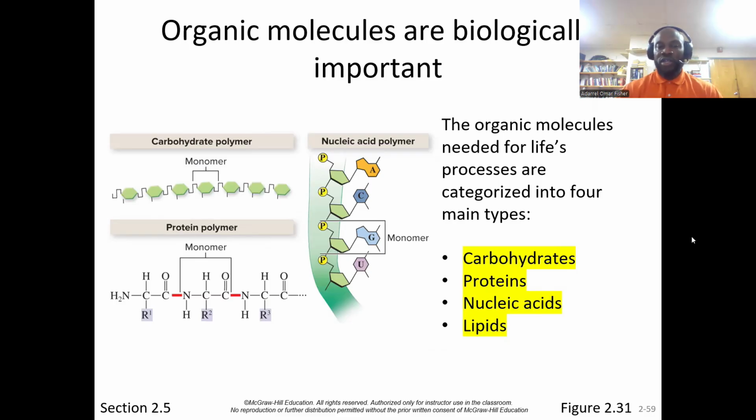So we have different types of organic molecules, and hopefully some of these sound familiar. Carbohydrates, which are useful for energy. Proteins are the building blocks of our body. Nucleic acids are important for our genetic information. And our lipids contain energy. They provide protection. They also provide insulation.